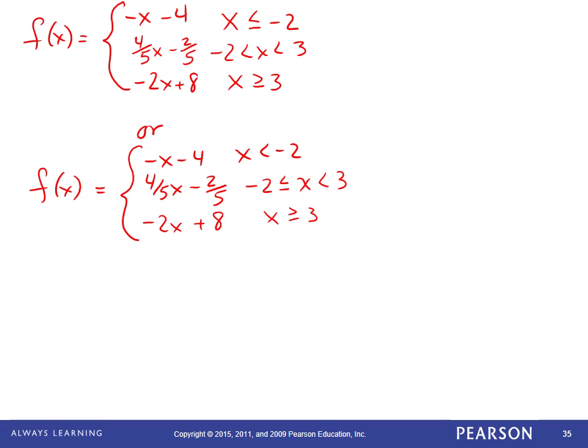Hopefully that makes sense. So if the graphs are not connected, be very careful how you do the domain restrictions. We're good? If the graphs are connected, it doesn't matter which one connects it.